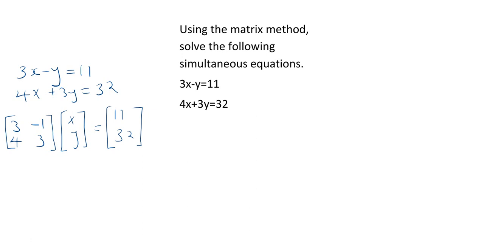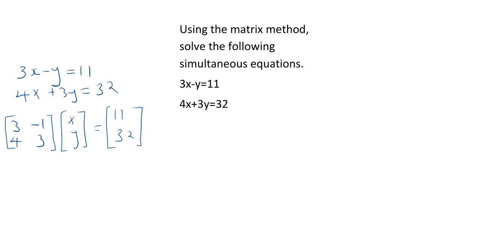So you have to extract the coefficients of x and y to form the matrix. Then you follow by xy, and then you write the right hand side as a column matrix.